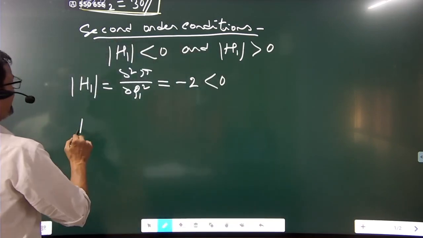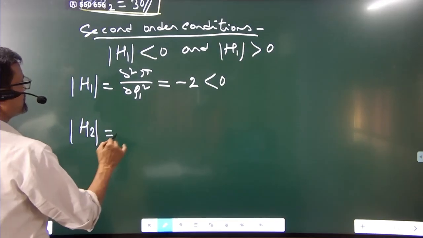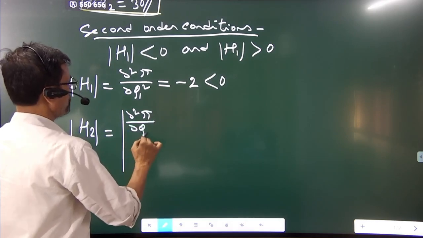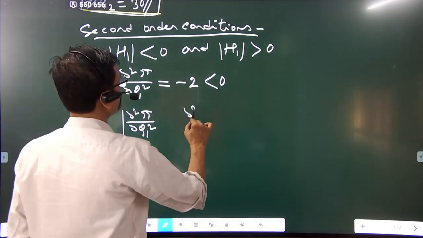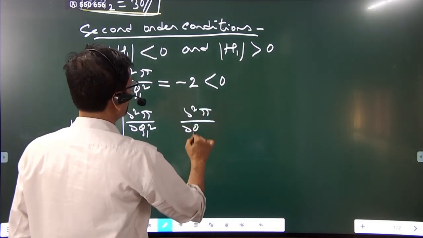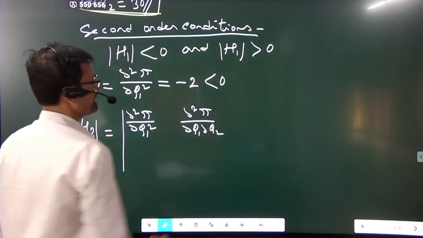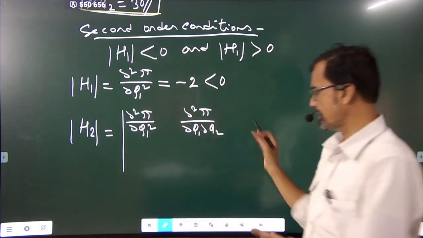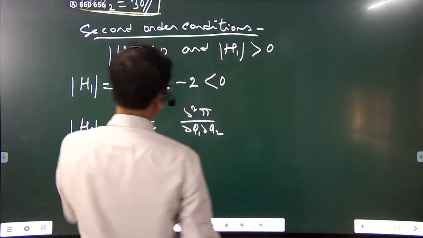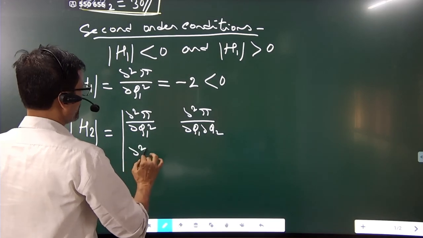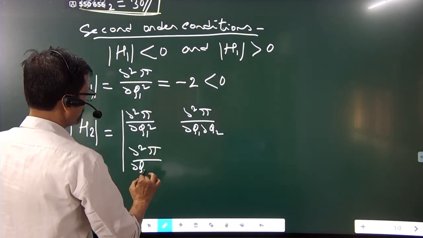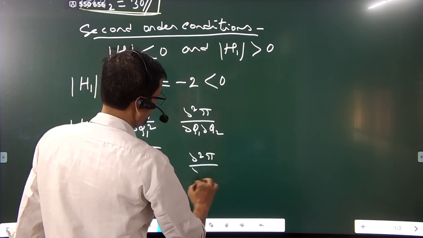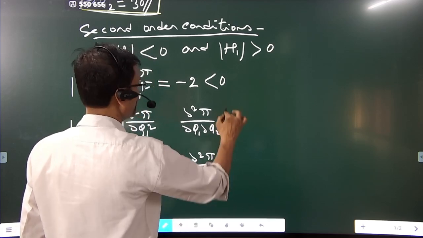Now the second Hicksian is del square pi by del q1 square, del square pi by del q1 del q2, and again del square pi by del q2 and del q1, and del square pi by del q2 square.